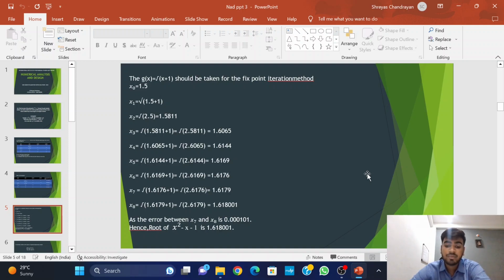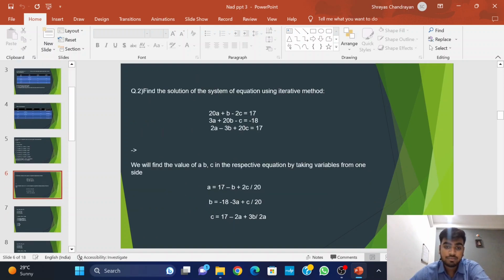So we will take this till x8, which is equal to root of 1.6179 plus 1, which is equal to root 2.6179, which is equal to 1.618001. As the error between x7 and x8 is 0.000101, the root of x square minus x minus 1 is 1.618001.